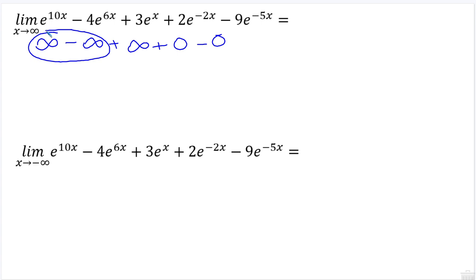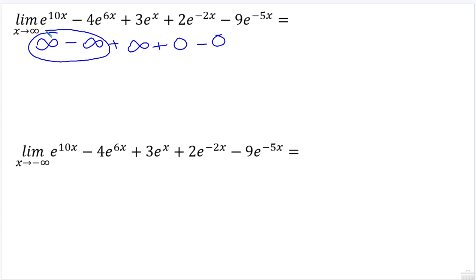So to really officially show this limit, we really need to do some extra algebraic work. Now, we should, I hope, recognize that e to the 10x dominates e to the 6x, and that infinity from e to the 10x is going to be more than the value from the e to the 6x. And really this should, we hope, end up becoming infinity in the very end.